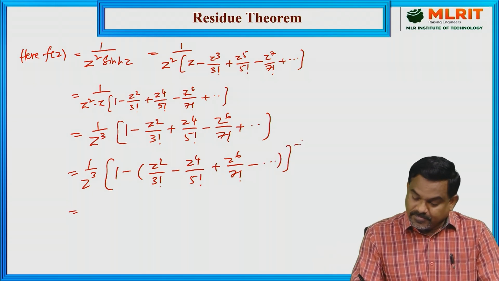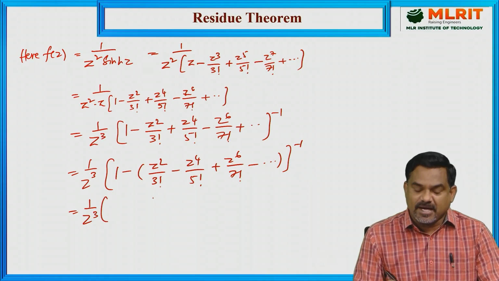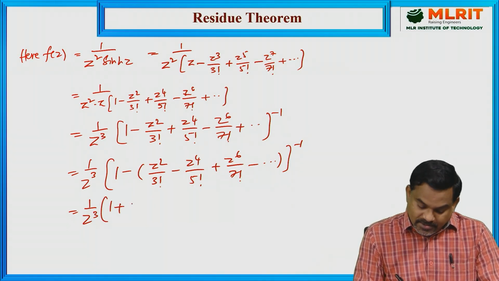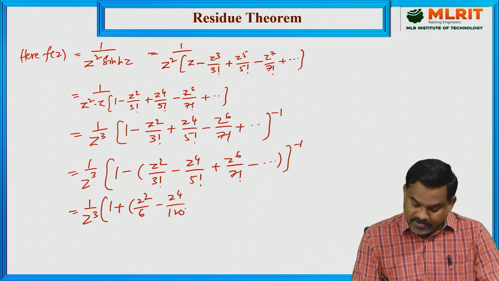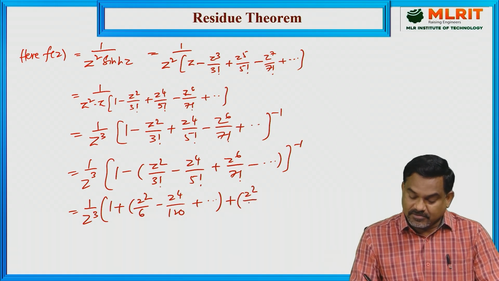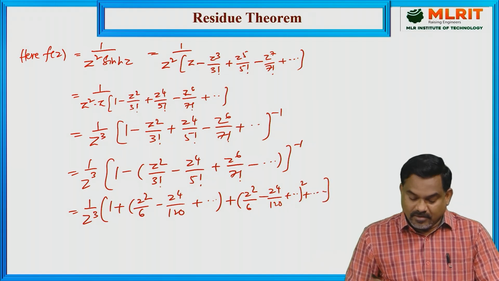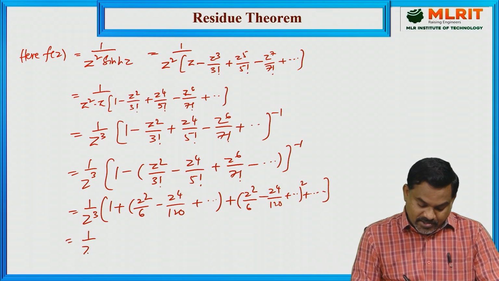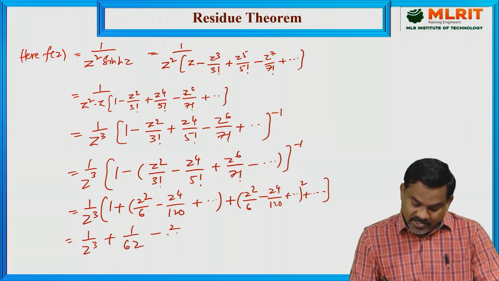Now this is having power minus 1. So 1 by z cube, now using the standard expansion, 1 minus z square by 6 minus z power 4 by 120 plus so on, whole square plus so on. Now multiplying with 1 by z cube, we get 1 by z cube minus 1 by 6z plus 7z by 360 and so on.